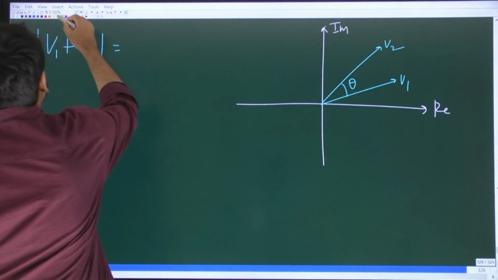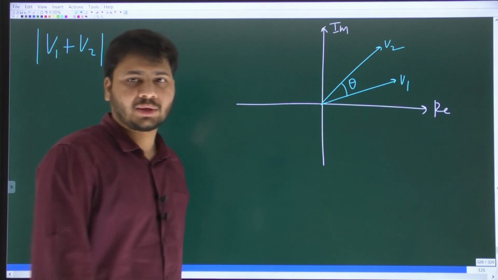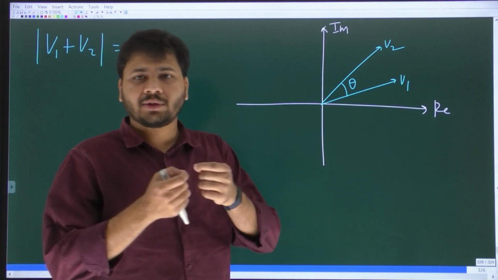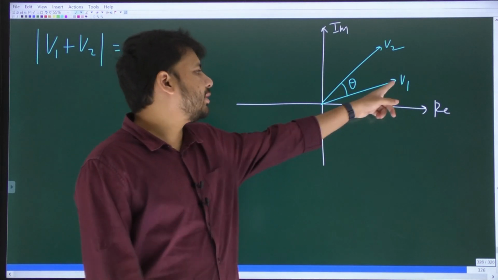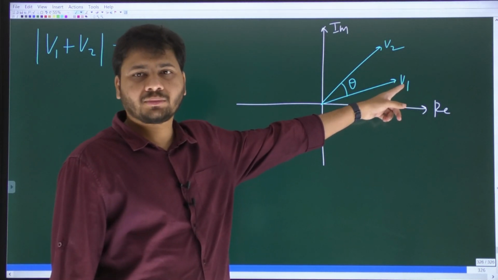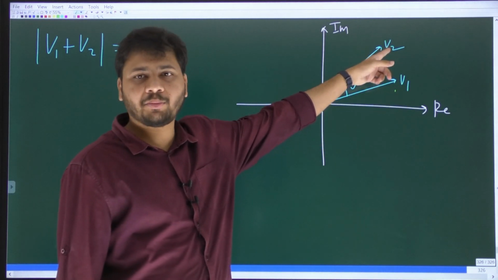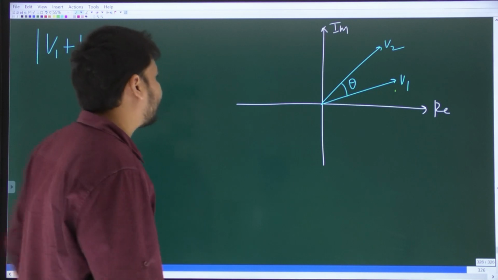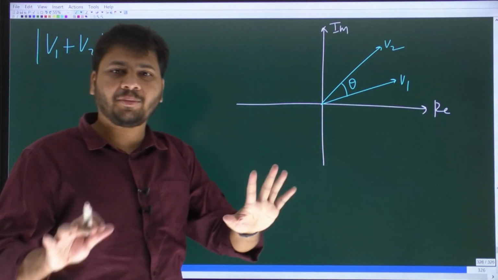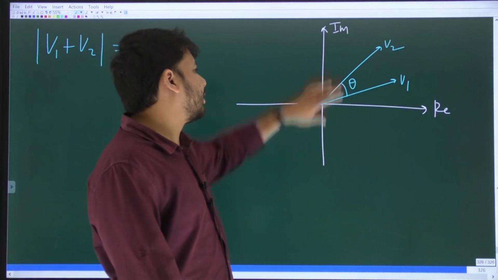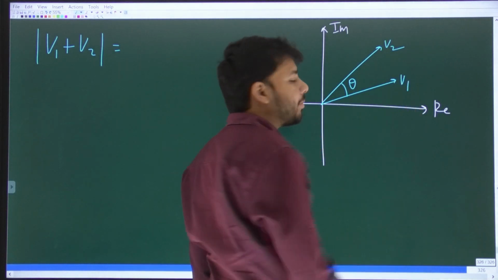So the way to do it, you keep one phasor fixed. By the way, all phasors will start from the origin, and this end is called the tip of the phasor. This is the tip of phasor V1. This is the tip of phasor V2. So let's say V1 is kept fixed. Then V2 you translate such that V2 is shifted to the tip of V1.